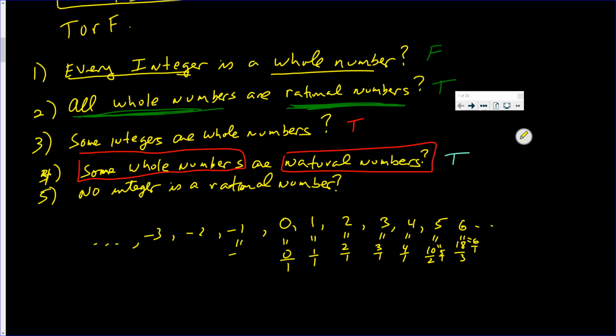-1 is -1 over 1. -2 can be thought of as -2 over 1. -3, if we like, you can think of it as -6 over 2, which is also -3, or -3 over 1. Either way, each and every integer, and you have to make sure that this statement is true even after the dots.